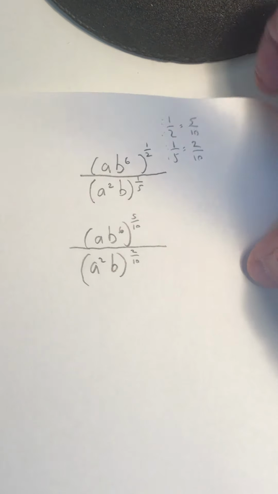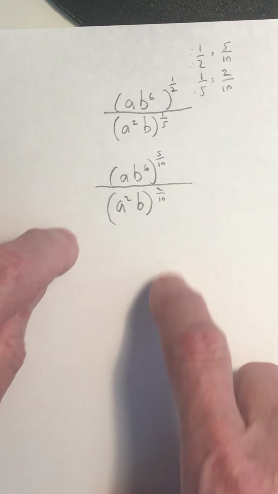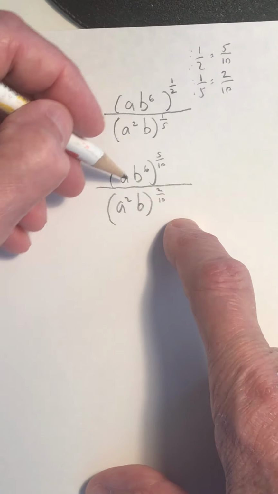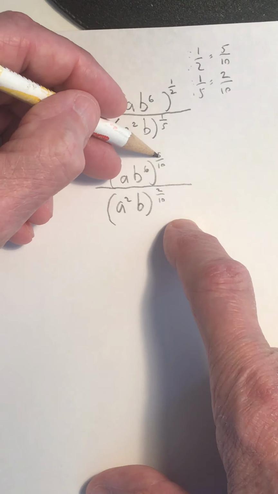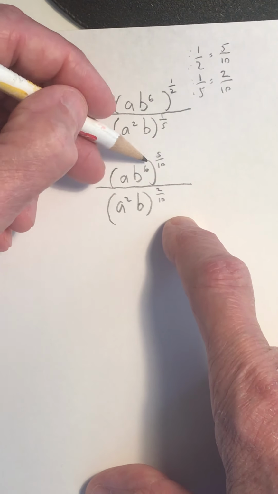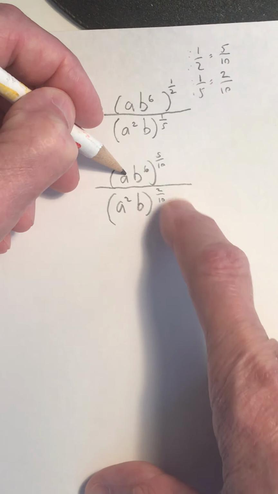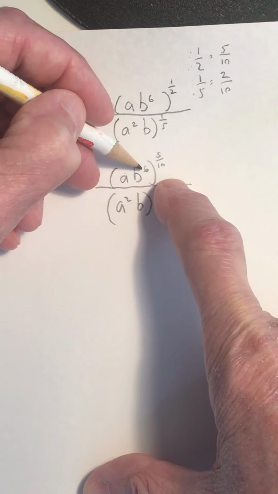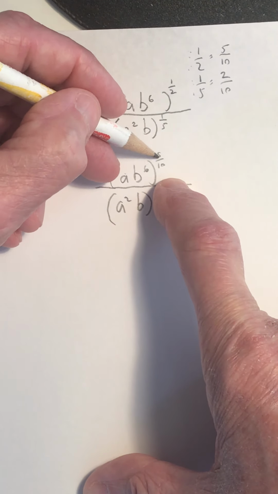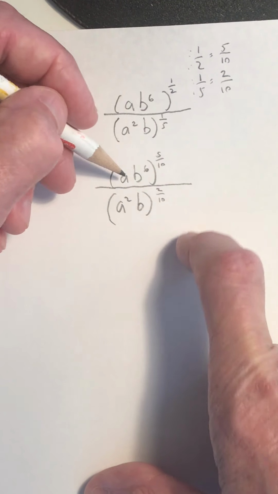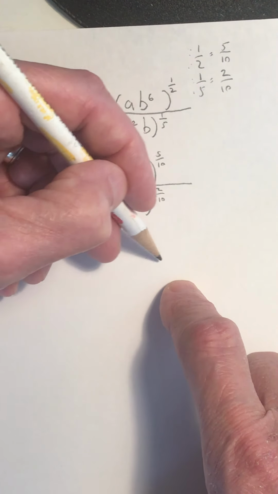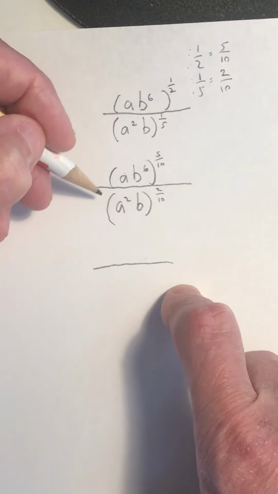Okay. Next, I remove the parentheses, remembering that if I have something to this power out here, I'll just attach that exponent to the a, and here I'll multiply, power of a power, we multiply. Hopefully everybody remembers that.